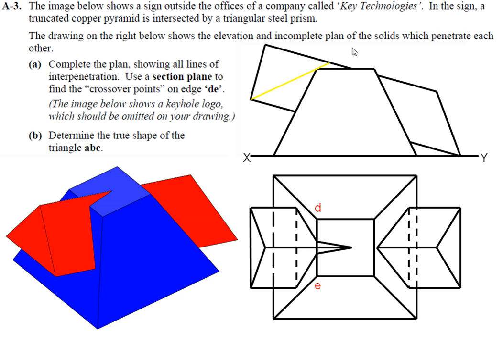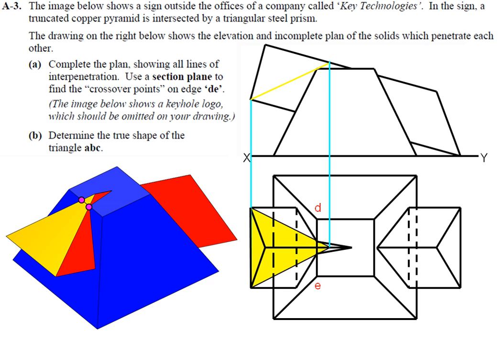We'll take a cut here above in our elevation, which is a random cut containing the edge DE. Draw that again in our plan. That's also given us our intersection points.